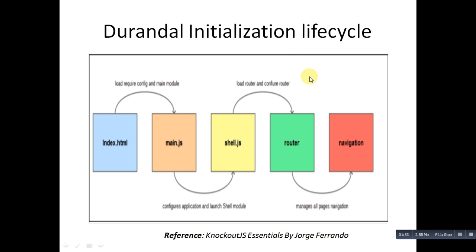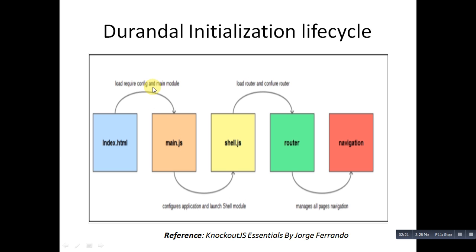During the initialization of the application, whenever we launch the application, things start with the index here, which loads the config and the main module. We know that Durandal uses require.js, and in require.js the convention is that the name of the module corresponds to the name of the file.